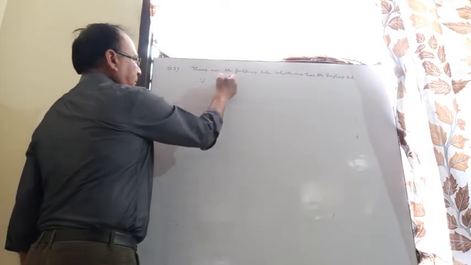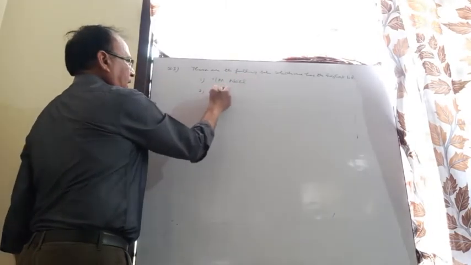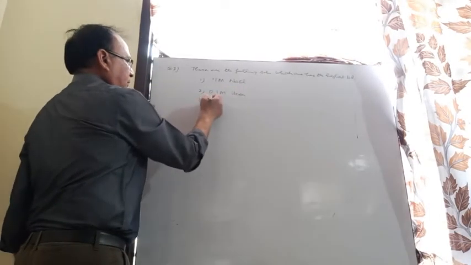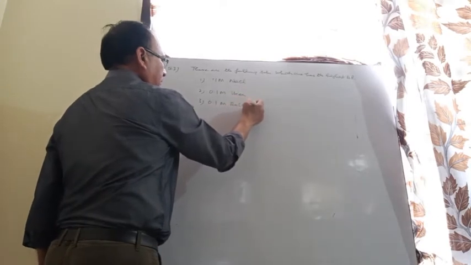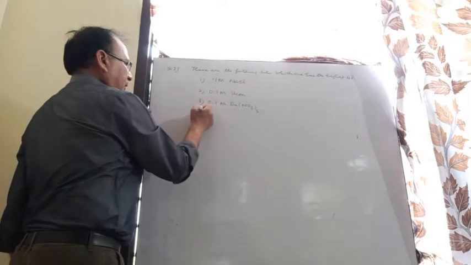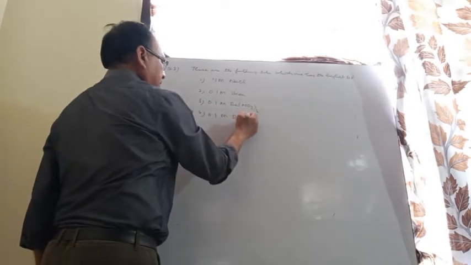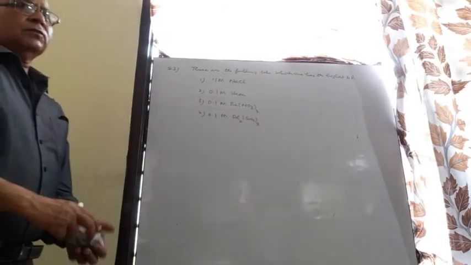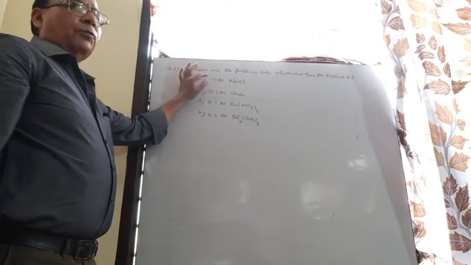The solutions are 0.1 m NaCl, 0.1 m urea, 0.1 m barium nitrate, and 0.1 m aluminum sulfate. These 4 solutions are given to you. All of them have the same concentration, 0.1 m.